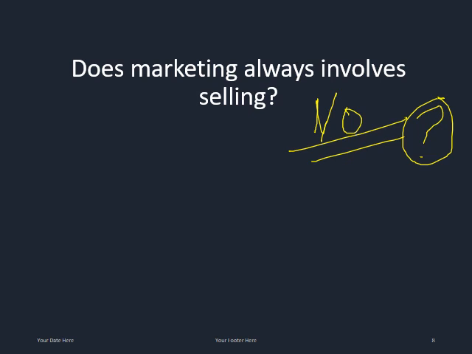For example, a teacher, a pharmacist who is in the academy, teaches the students, and that teacher or that pharmacist in the academy is still considered a marketer. There is no selling involved in teaching, but still the teacher or the pharmacist who is in the academy is still considered a marketer. Why?